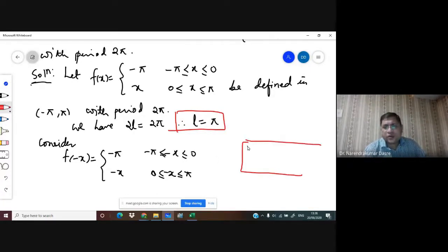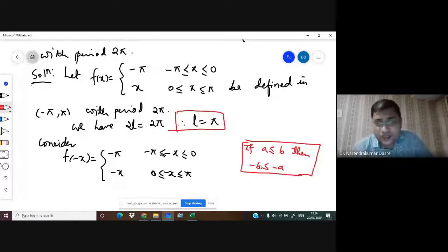Okay. So, what we know about inequalities, if a is less than or equal to b, then minus b is less than or equal to minus a. So that means if I multiply the inequality by minus, then the inequality changes. Okay, so we have to multiply this inequality by minus 1 and this inequality by minus 1.